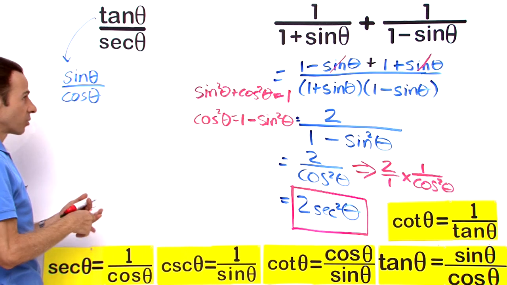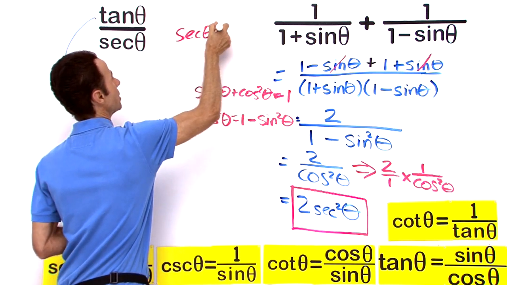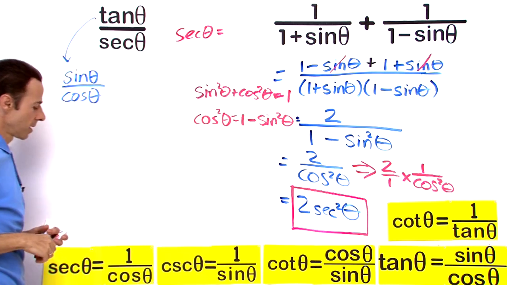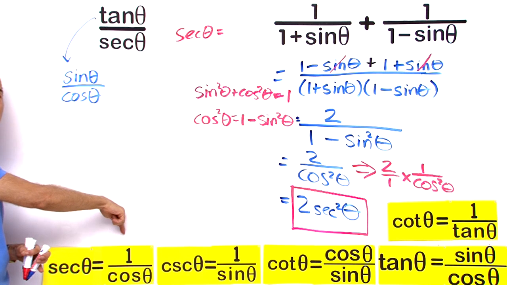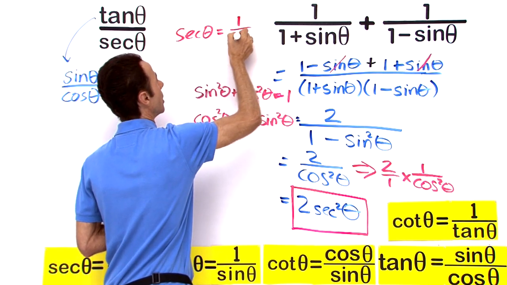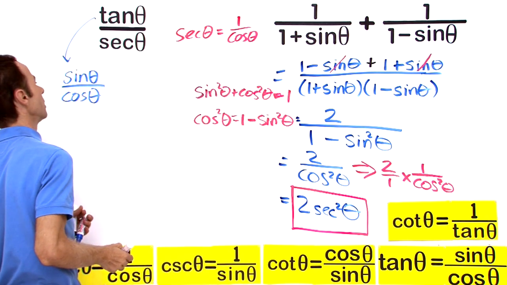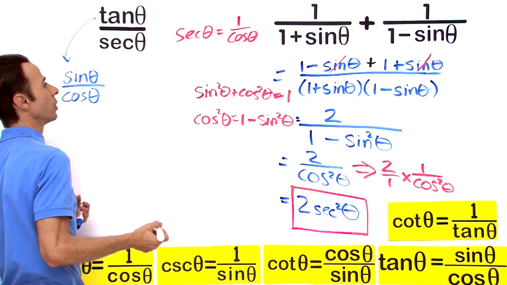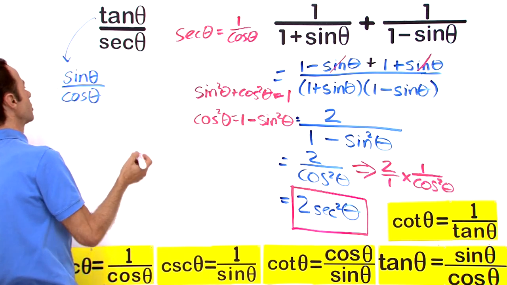Now what's secant theta? Well, secant theta is the same as, let's go down here again, secant theta is the same as 1 on cosine, isn't it? We can see it right there, 1 on cosine. So if it's 1 on cosine, then all we have to do is simply divide by 1 on cosine.